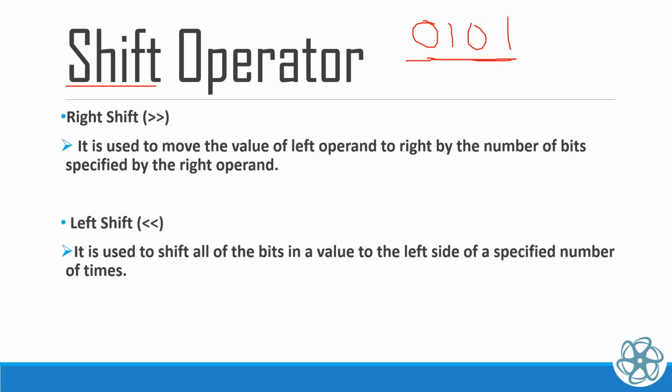So right shift and left shift means we add 0 to the end position to shift it left, and we add a 0 to the preceding position to shift it right. So this is the right shift and left shift. I am thinking of making one detailed video on this to make it clear. So let's move to the next operator. I will soon upload its video on the shift operator.